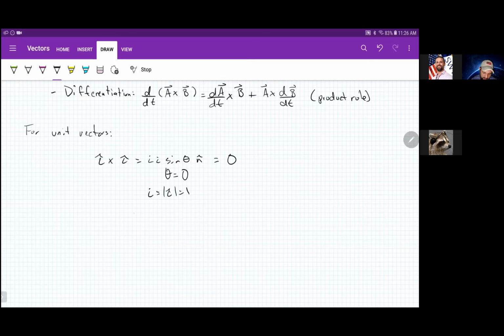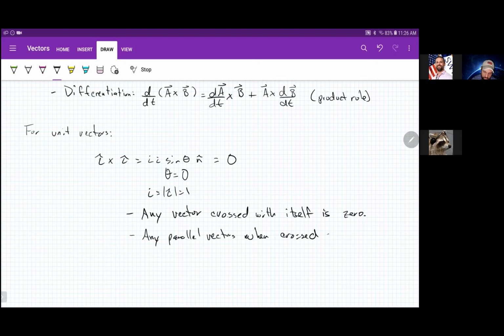Right? So any vector crossed with itself is 0. In fact, any parallel vectors when crossed will result in 0. Okay.